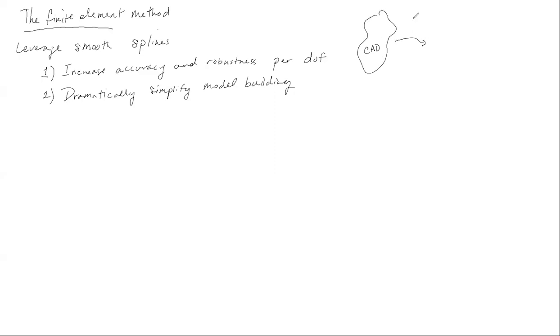So you go through a process called mesh generation, which has steps like cleanup, where you clean the CAD up, to generate basically a new geometry that has a mesh on it. And this process has become a huge bottleneck in the CAD CAE pipeline.